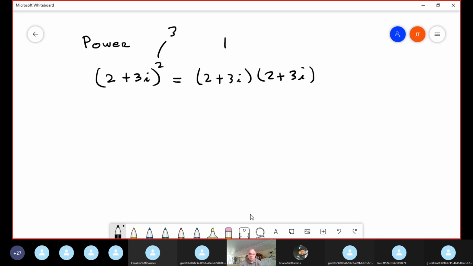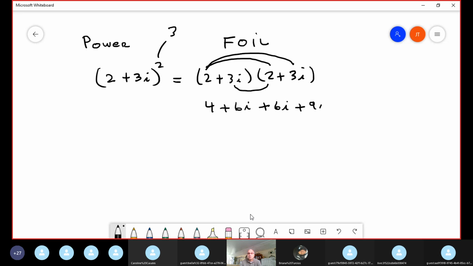So this is similar. You foil. 2 times 2 is 4. 2 times 3i is 6i. 3i times 2 is 6i. Again, repetition. It's obvious because they are twin brothers, no? And finally is plus 9i squared. 3i times 3i.